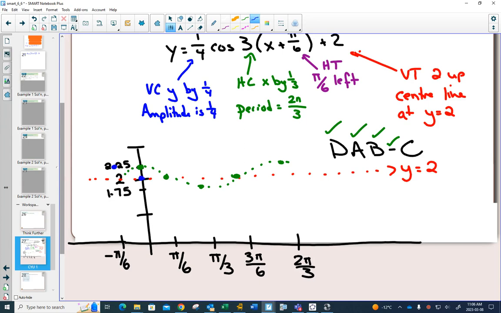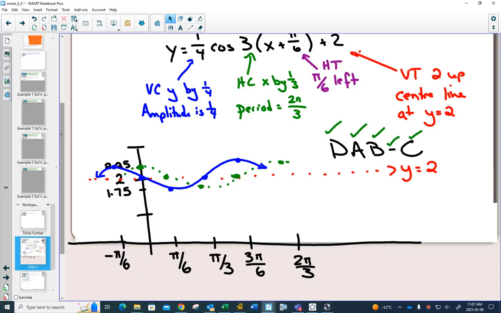This one, 1 section to the left, 1 section to the left, 1 section to the left. And I've graphed it nicely. And we graphed at least 1 period, it keeps on going.